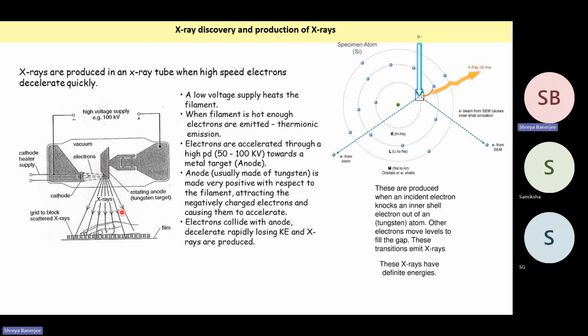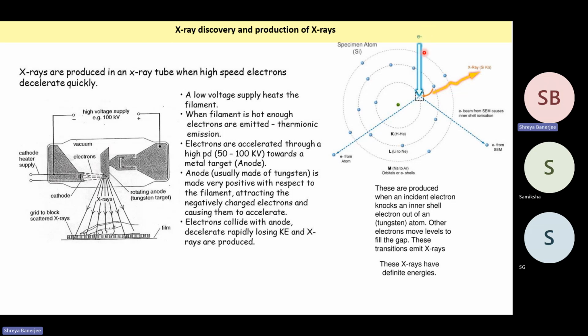And how are these produced at an atomic level? So this electron is the one that is produced from the cathode by thermionic emission. When the electron hits the material of the anode, it will knock out an electron from the atom of the anode. This electron was in the K shell of the anode.